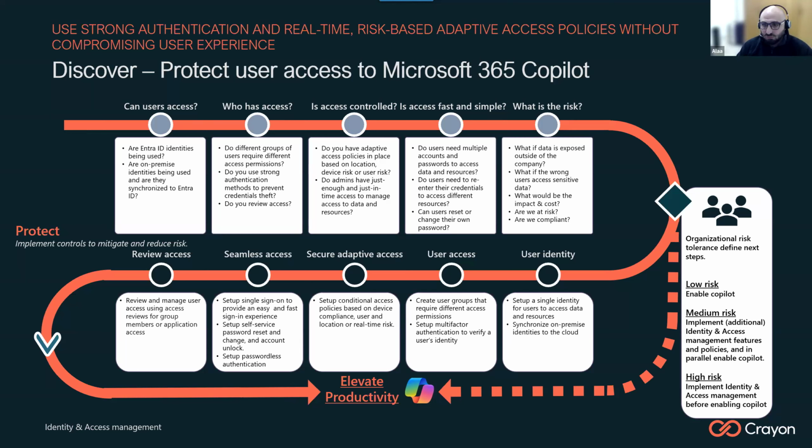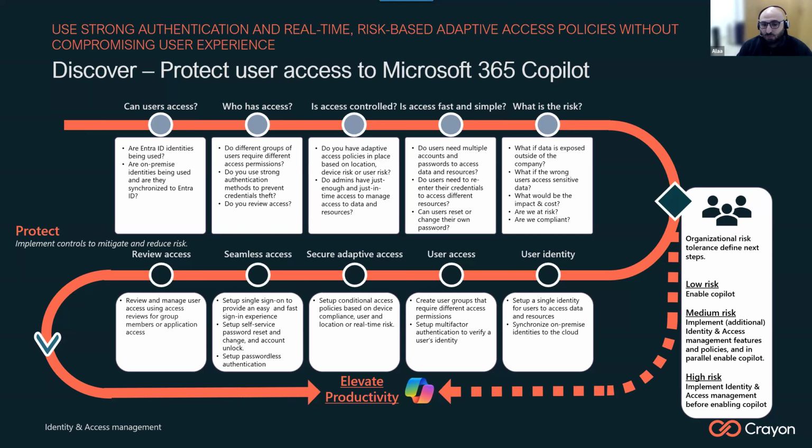Now we're going to talk about protecting user access for Microsoft 365 Copilot, and that goes through 2 phases. There is the discovery phase, which is on the upper side of the slide, and there is the protect or implementation phase, which is the second part of this slide.